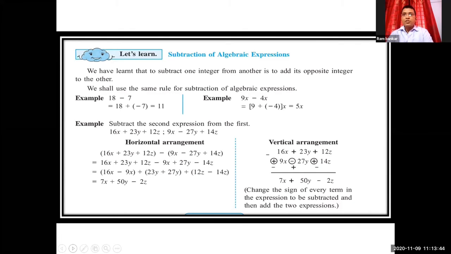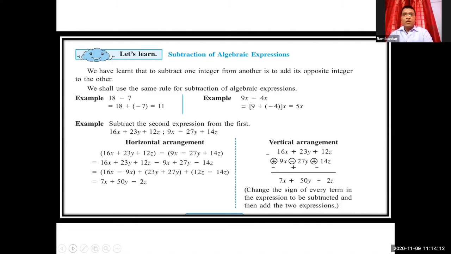Why is there a plus 27y? Because before bracket there is a minus sign and in the bracket minus 27 is there. So minus becomes positive, negative positive. So minus plus 27y and minus 14z. Why minus 14z? Because positive 14 and before bracket there is a minus sign. So minus plus minus 14z.